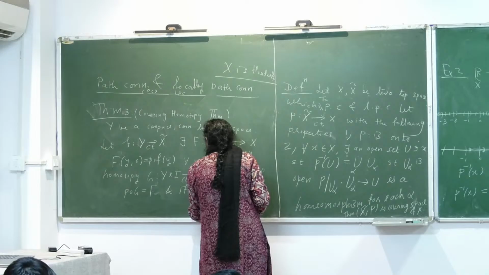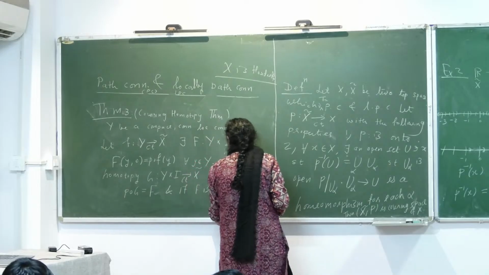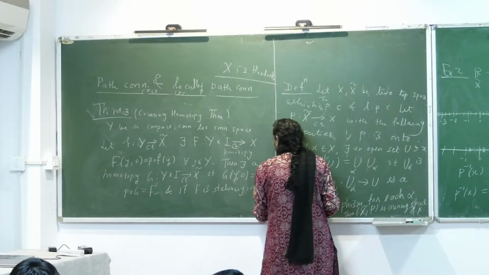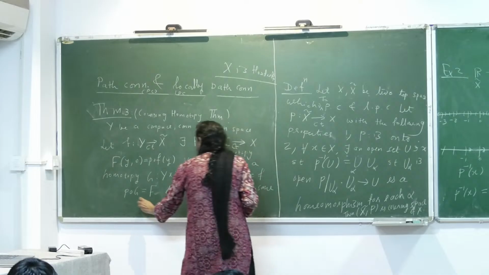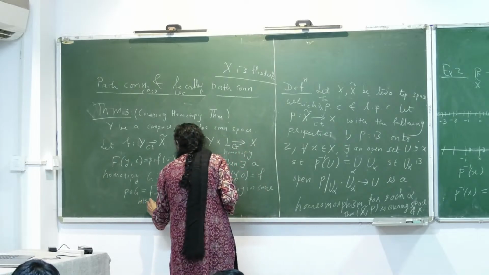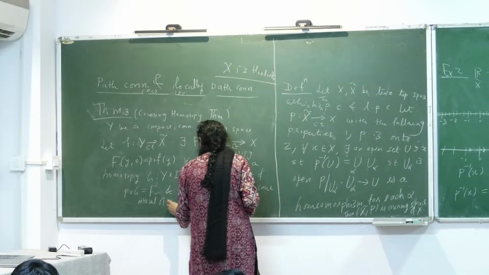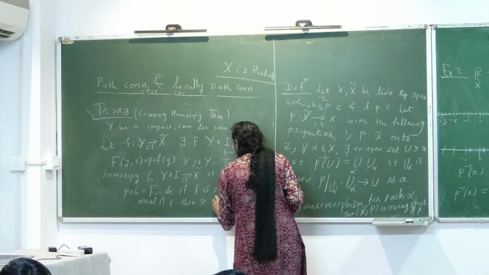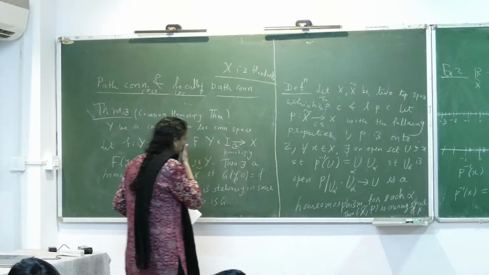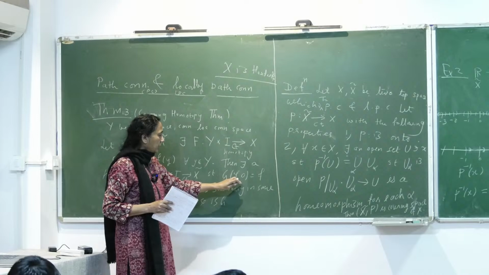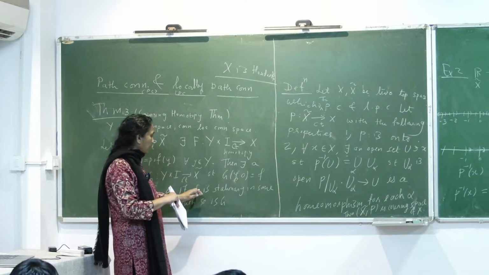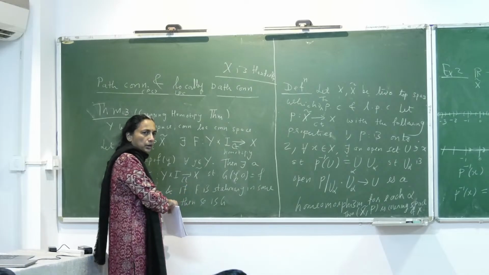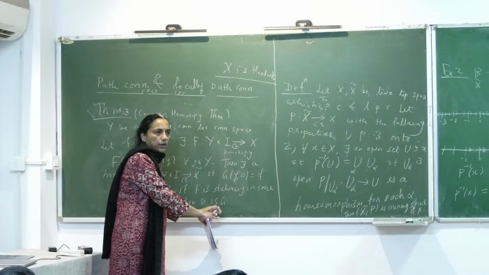And if F is stationary in some interval of t, then so is G. What it means is, suppose F(y,t1) to F(y,t2) is the same, then for fixed y you will get G(y,t1) to G(y,t2) the same.